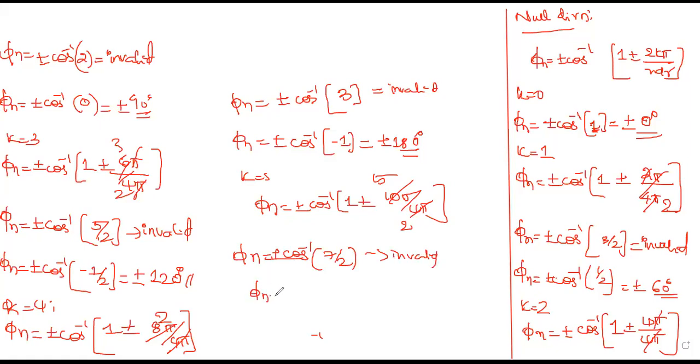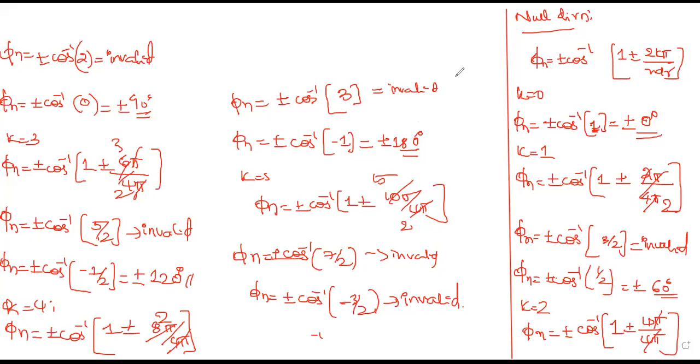The other value is plus or minus cos inverse of 1 minus 5 by 2, which is minus 3 by 2. This is also invalid. So you get two values, both are invalid. So till here, k is equal to 4, you get values. You have to do this until you get two invalids.